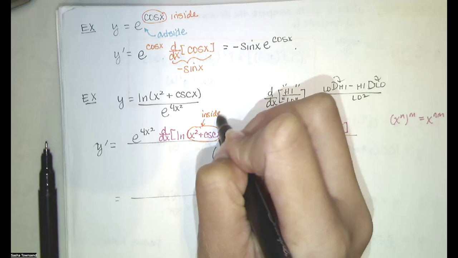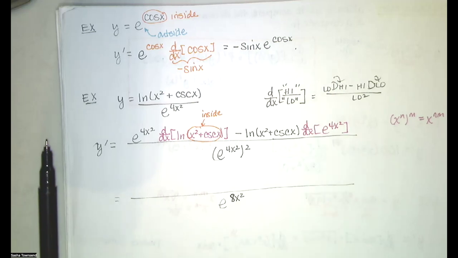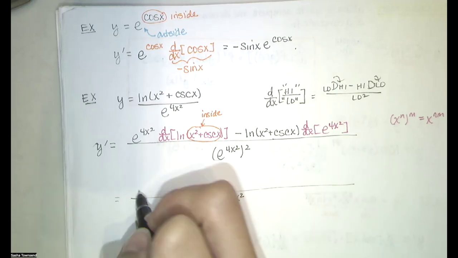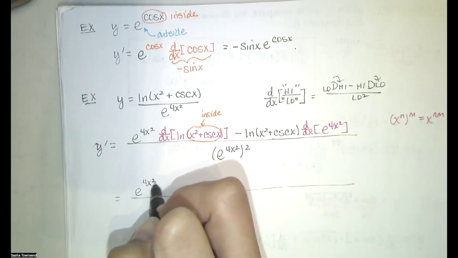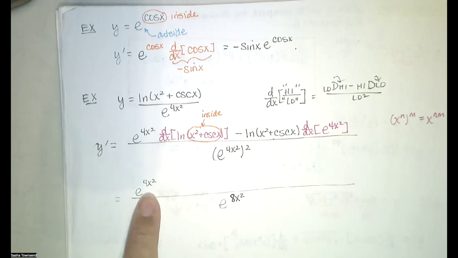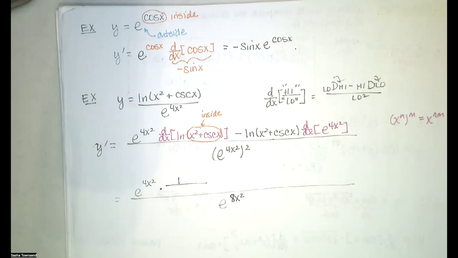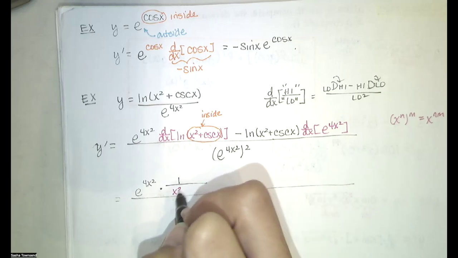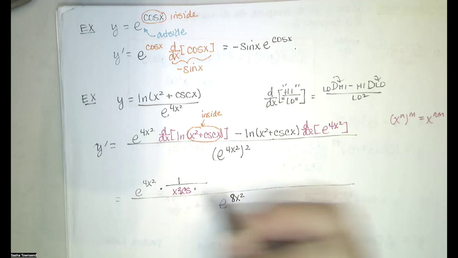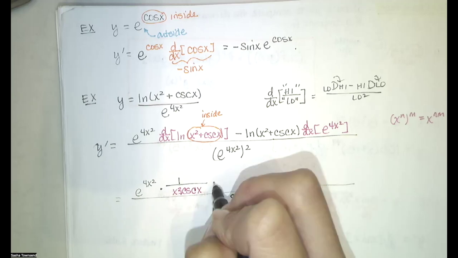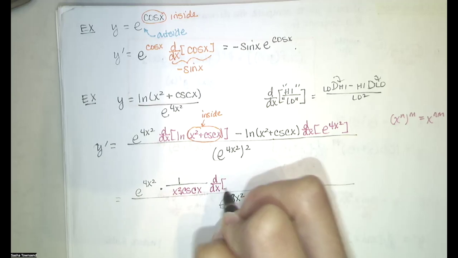That one's inside, the logarithm is outside. So we're going to use the chain rule. The derivative of a logarithmic function is 1 over whatever is inside, so it's 1 over x squared plus cosecant of x, times the derivative of the inside by the chain rule.